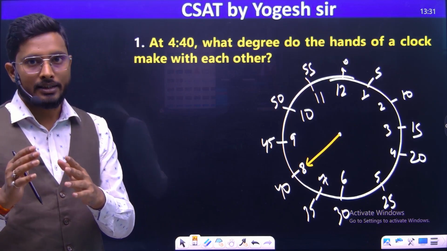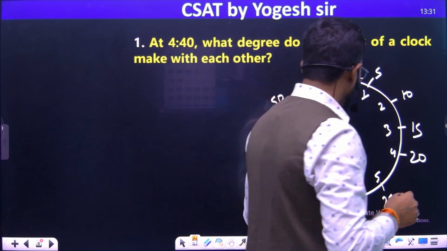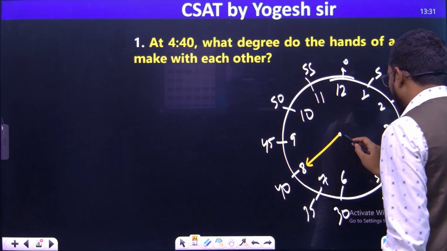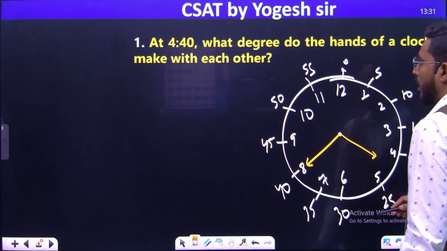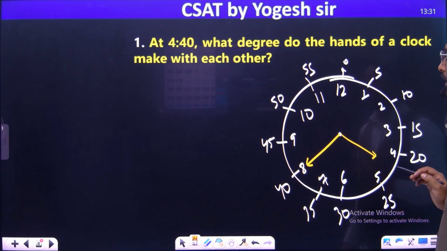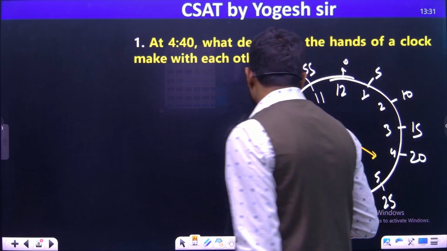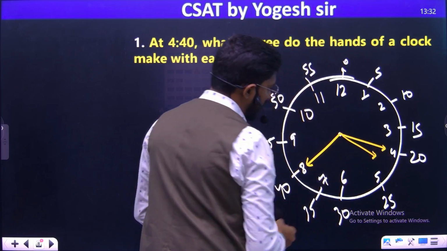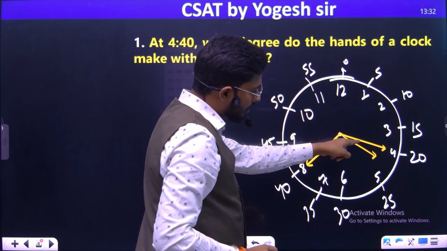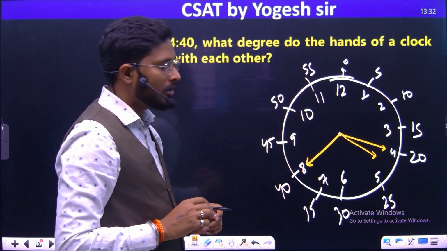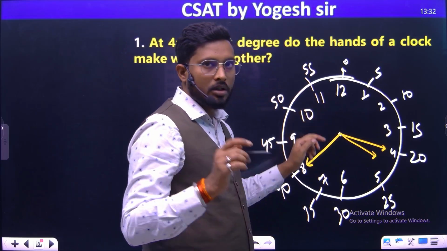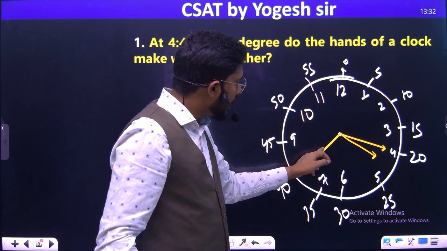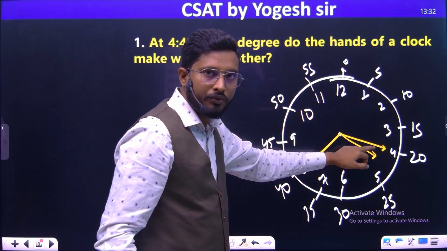Now this hand is covering this angle starting from 4, and in 20 minutes, look at the position. In 20 minutes the minute hand will be at 12 and the hour hand will be at 5.